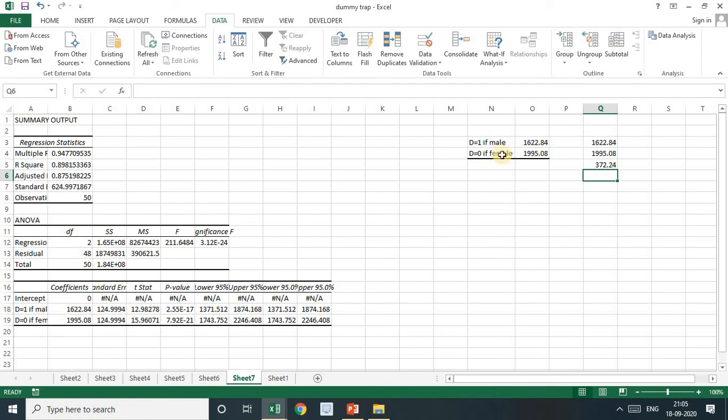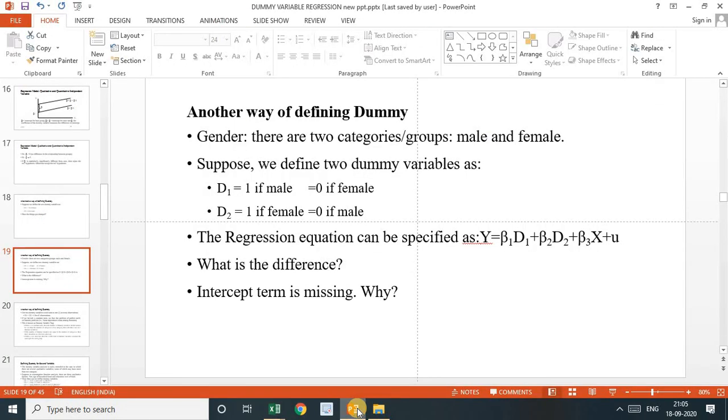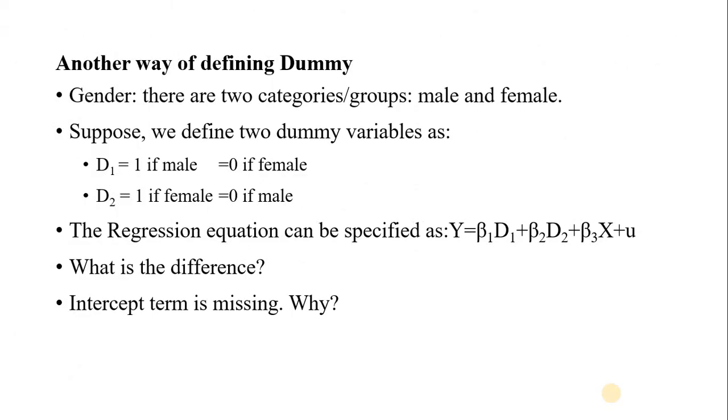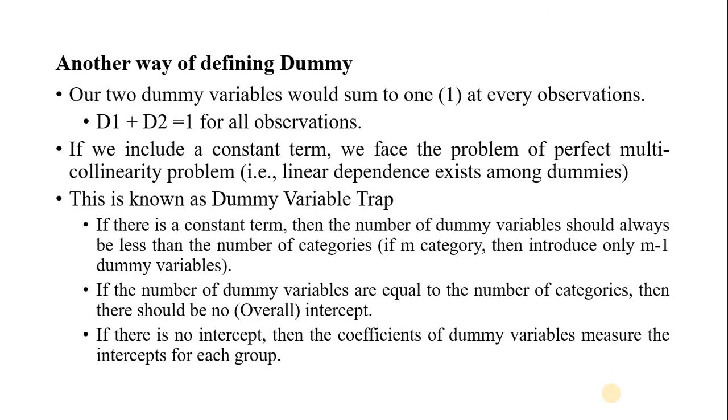Okay, and this problem is called the dummy variable trap. This trap is occurring because at any point of time, for any observation, if you add d1 plus d2, it always ends up with 1. So this problem is called a dummy variable trap.